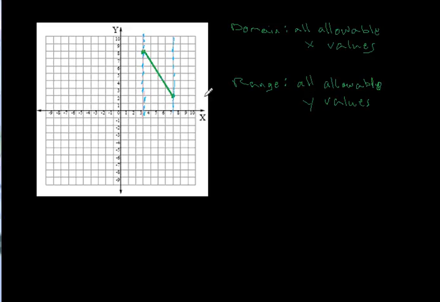So if I were to write this up, I would say x is at least 3, so x is greater than or equal to 3, or another way to say it, 3 is less than or equal to x. However, x is less than or equal to 7. This is how I'd write up this domain.